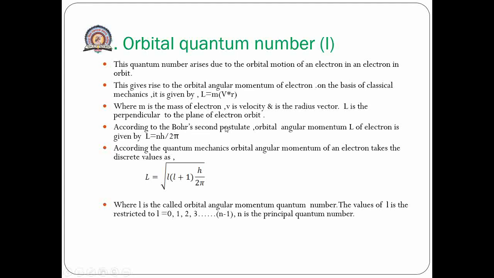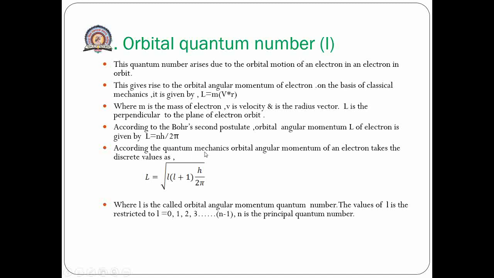According to Bohr's second postulate, the angular momentum has values only as integral multiples of h upon 2 pi, where n has values 1, 2, 3 and so on. The value of angular momentum is never 0.5 h by 2 pi or 2.5 h by 2 pi. It has only 1 h upon 2 pi, 2 h upon 2 pi and so on.